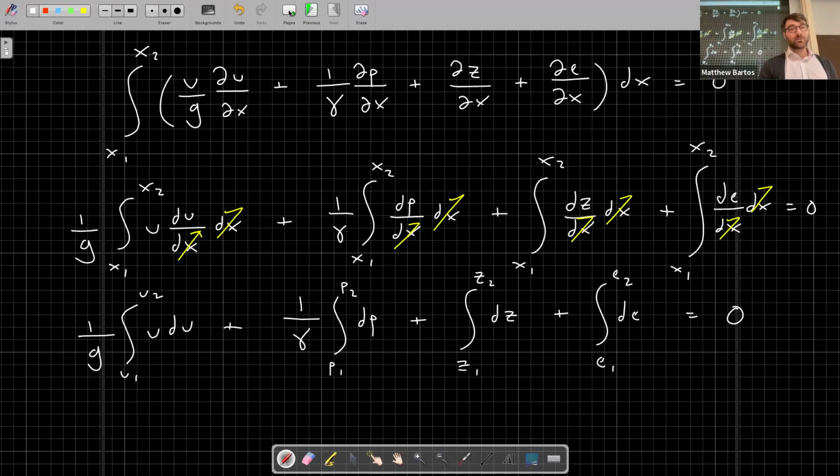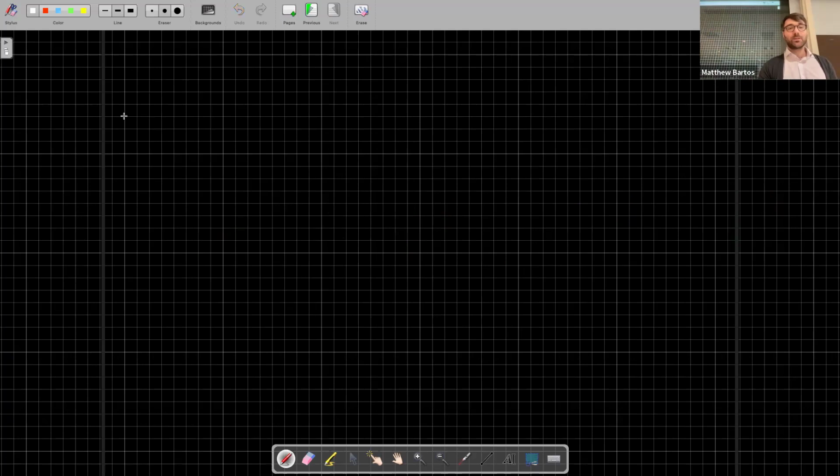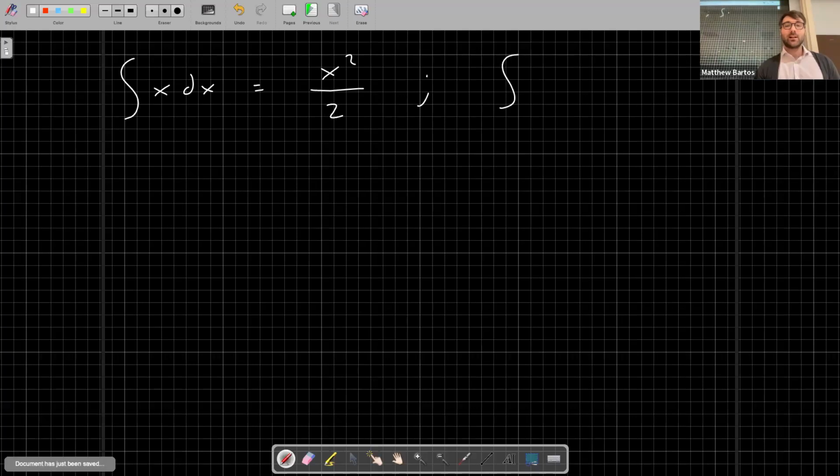U squared over 2, very good. So if we just have some generic integral of some quantity x dx, this will equal x squared over 2, right? So we have that the integral of u du is equal to u squared over 2.